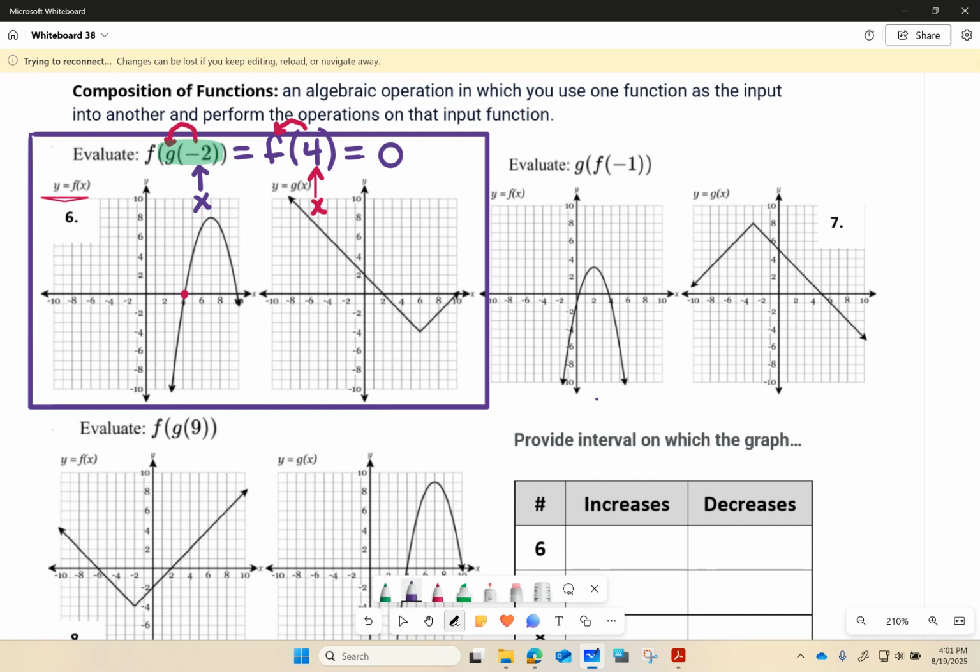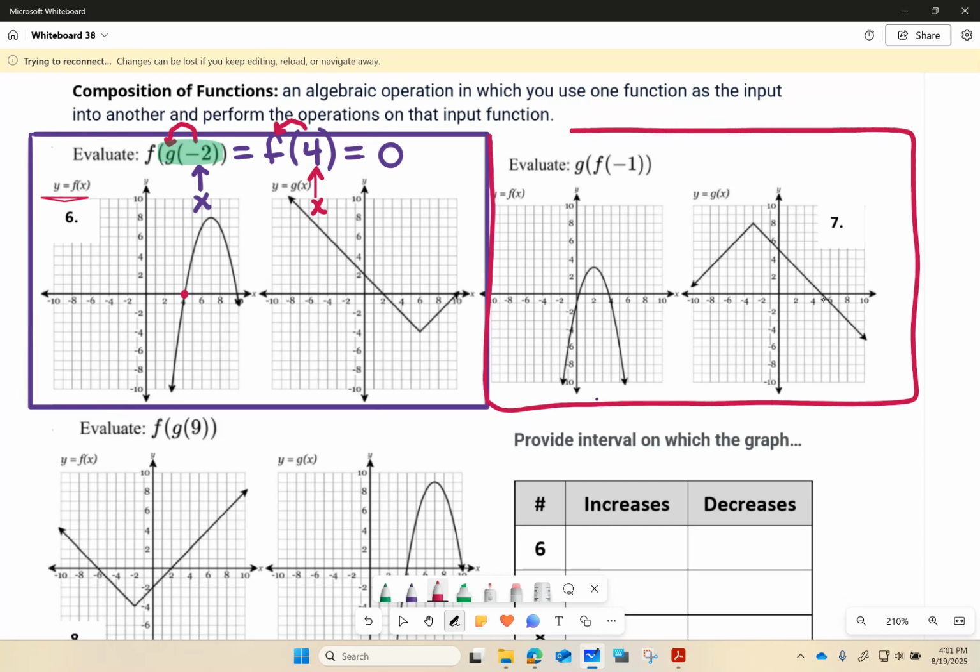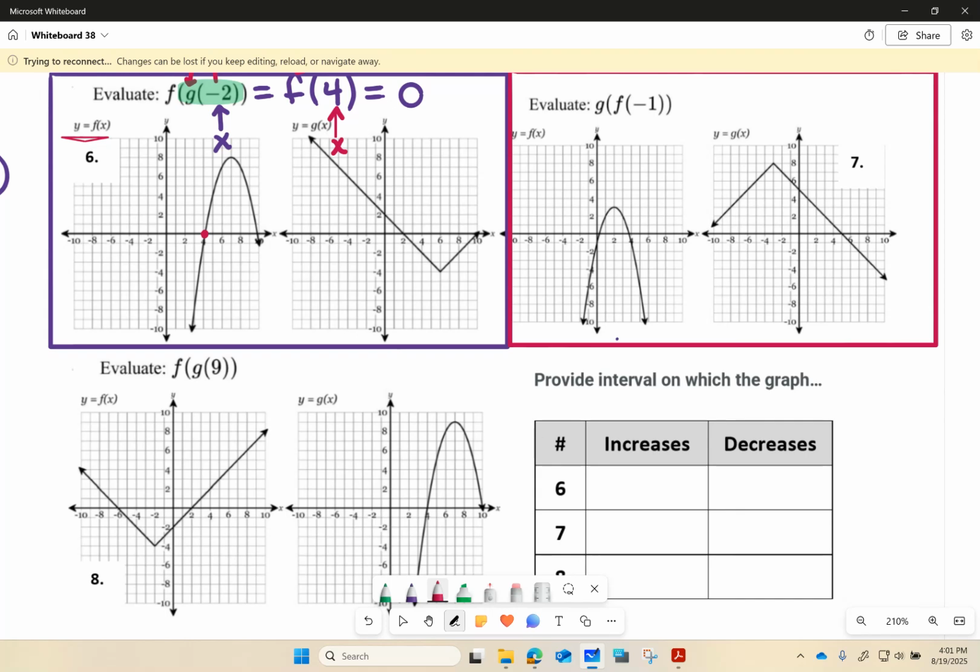So now what I'd like you to do is attempt to do the next 2 on your own. Try this graph problem right here. Those 2 graphs go together. And then I want you to try these down here at the bottom. Okay. So go ahead and do that.